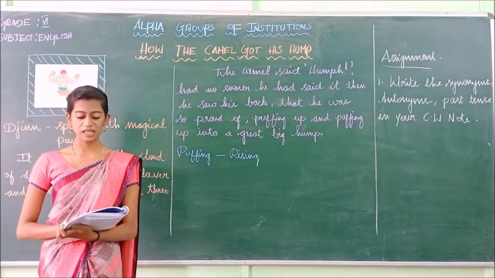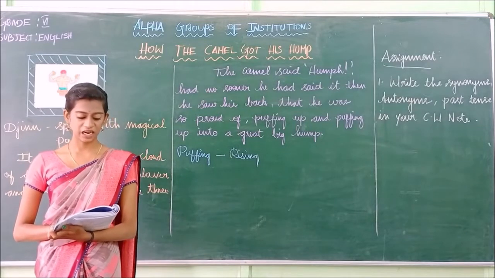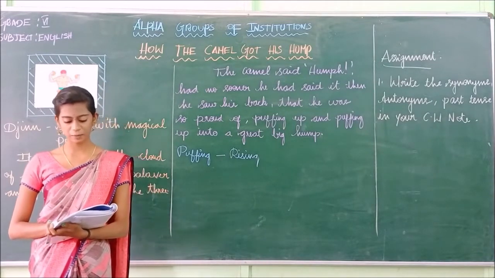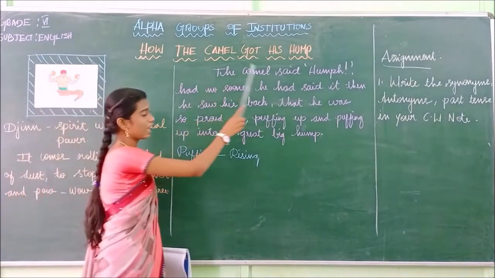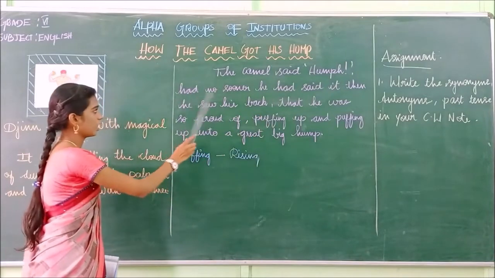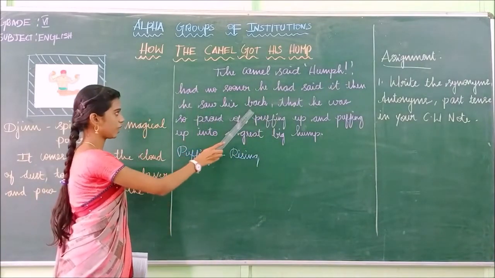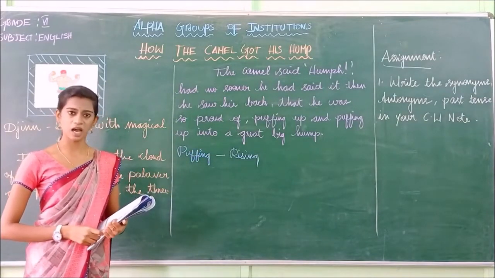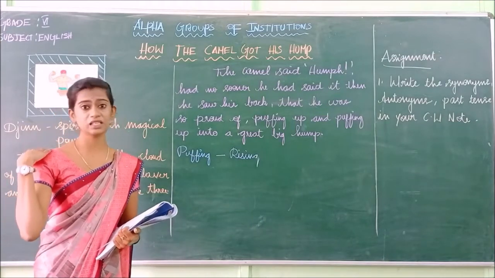But no sooner had he said it than he saw his back, that he was so proud of, puffing up and puffing up into a great big hump. After the jinn spoke, the camel replied hump, and after saying the word, the camel looked at his back.